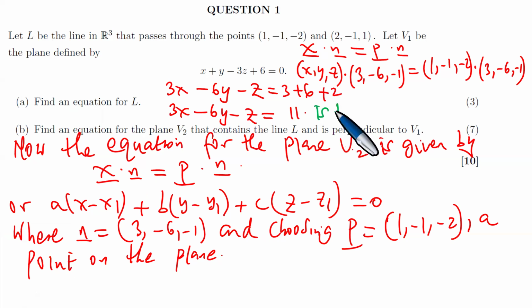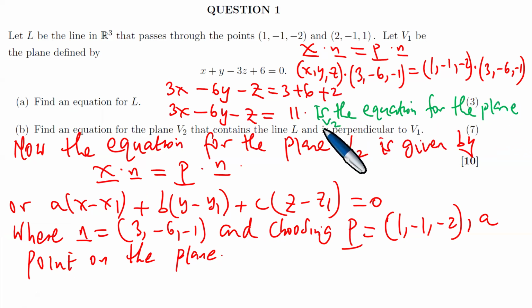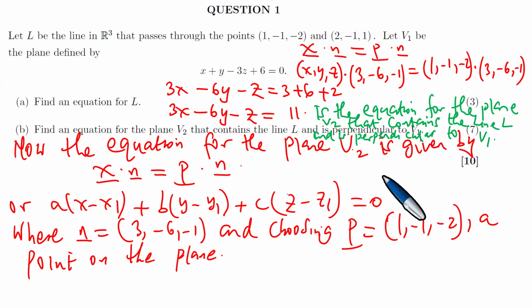So this one is the equation for the plane V2 that contains the line L and is perpendicular to V1.